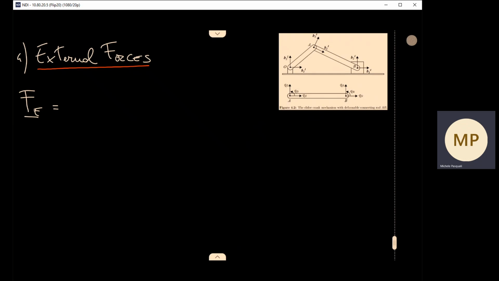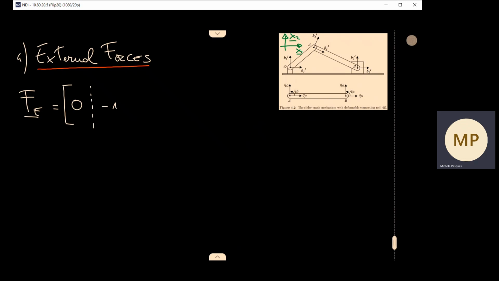What are the forces here acting on our body number 3? External forces, not contact forces. What is the only force that we have? Yeah, we have weight. And here we are writing it in the inertial coordinates, so all of the weight is along the axis x2. So this is x1 and this is x2, and we have it all in here.